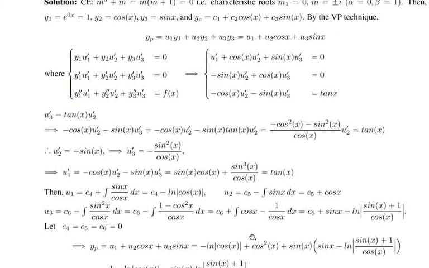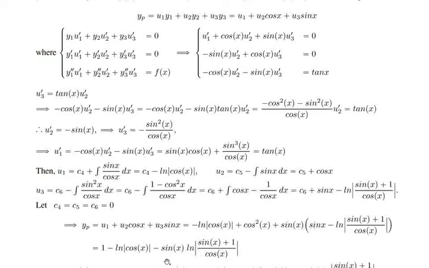This will imply that our particular solution is u1 times y1, which is simply u1, plus u2 times cosine x plus u3 times sine x. So after we plug in the u1, u2, and u3 that we just found, and after we simplify, note that in here we're going to get sine squared plus cosine squared equal to 1.